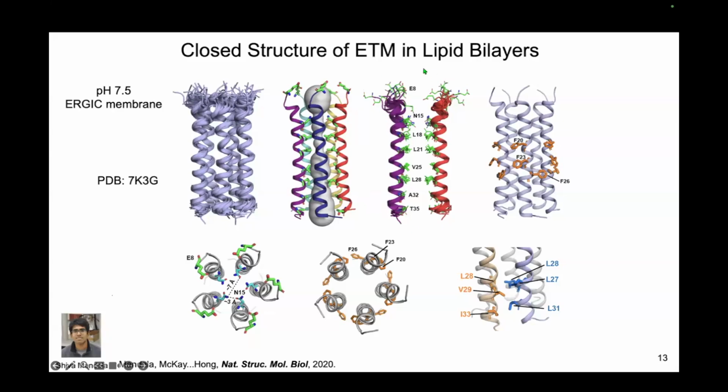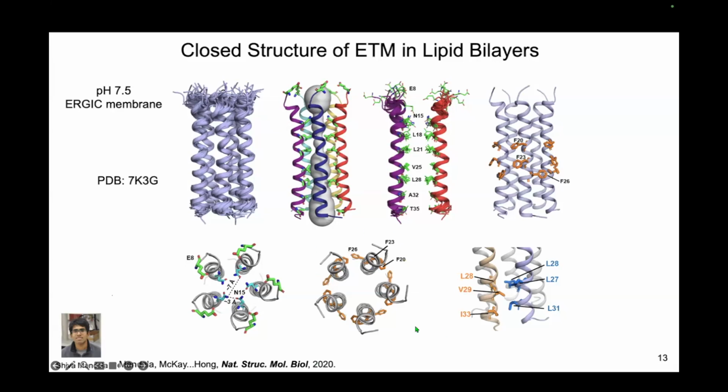And you can look at details of the structure, finding out, for example, that the pore-facing residues are the hydrophobic, methyl-rich leucine, valine, isoleucine, etc. There are 3 regularly spaced phenylalanine residues in the middle of this transmembrane segment, and their side chain is interesting. They seem to form a pi-stacking conformation across the helix interface.